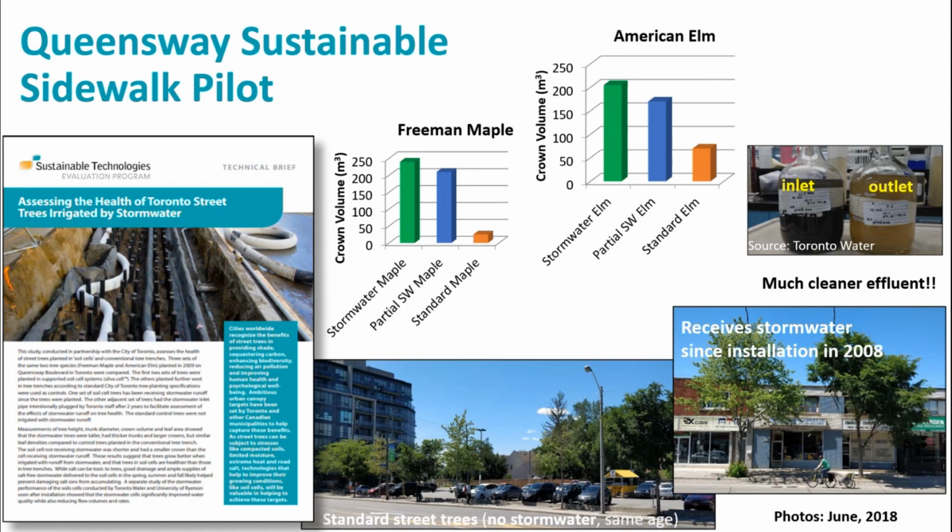For the most part, the elms and maples were bigger, wider, and had a fuller crown than the secondary system that was closed after 2 years, not 1 year, my apologies, into the project and healthier than the traditional tree trenches. We were also able to see the total suspended sediments, or effectively sediments meaning sand, grit, anything.